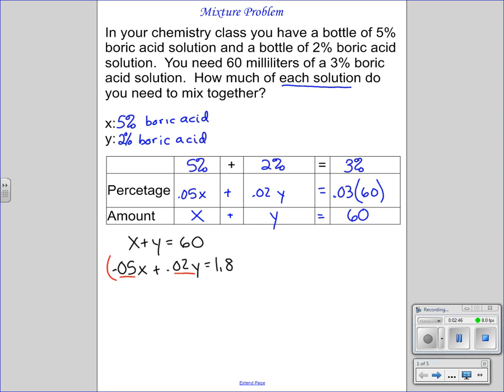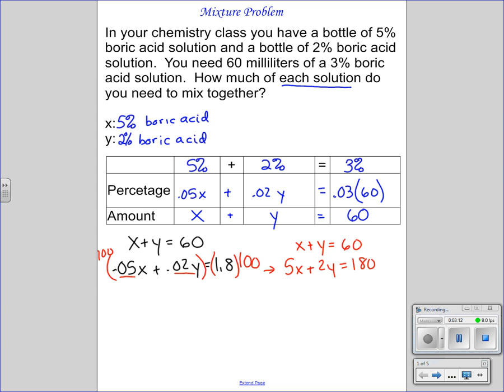So if I multiply both sides by 100, that gets rid of those decimals. So I have 5x plus 2y. Now 1.8 times 100 is 180. And then we have our top equation that was x plus y equals 60.